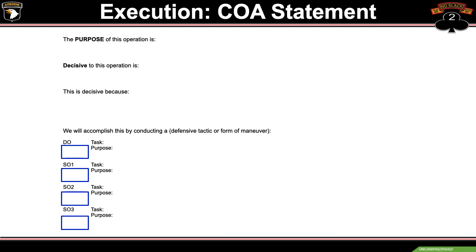This is very pertinent to the line companies, platoons. It's important for us to know which platoon is the decisive operation, which one's a shaping operation, what is their task, what's their purpose, and it helps us frame in our mind who's most likely going to get in contact, who's going to need more rounds, things like that, so that we stay ahead of knowing what's happening.